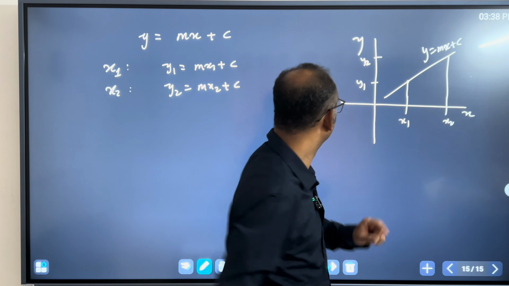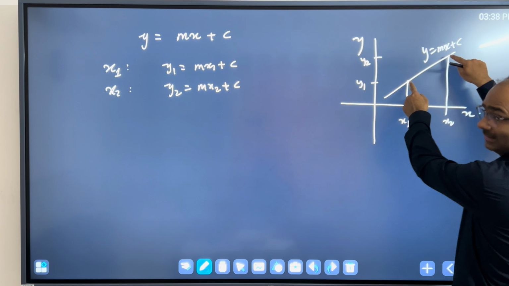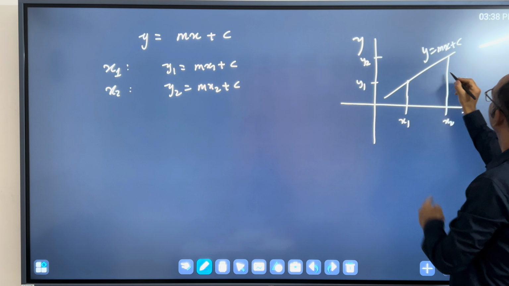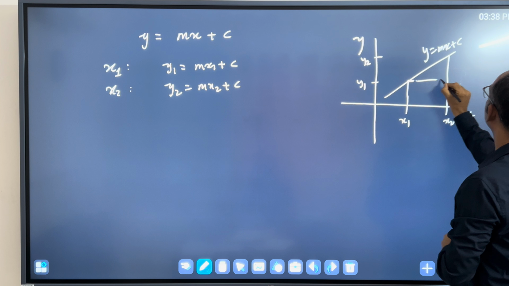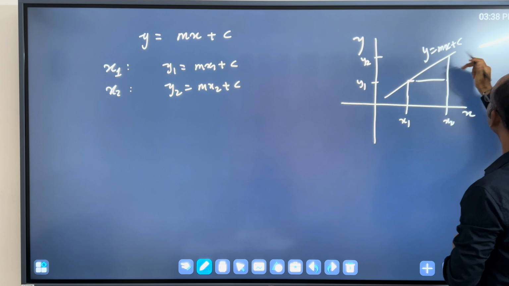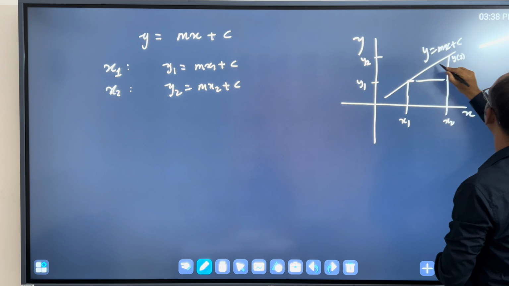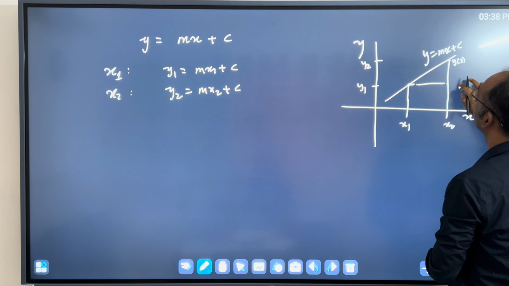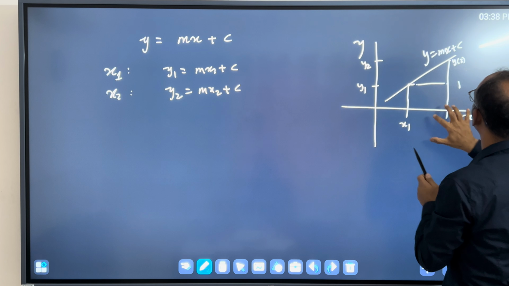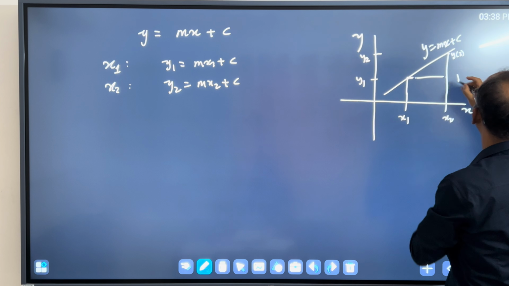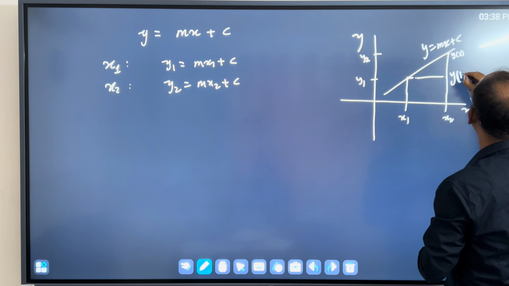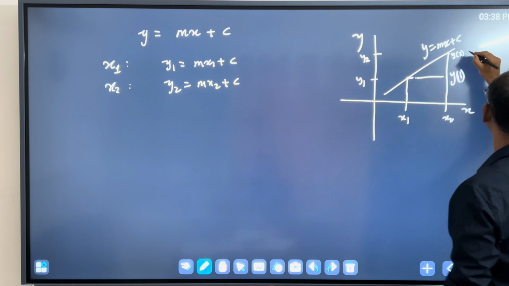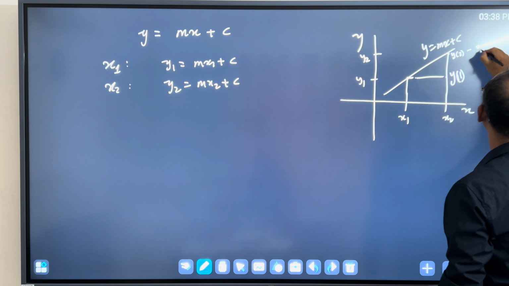Let's look at the increase in height, this much, this height. What is that? The value of y here is y2, and here it is y1.